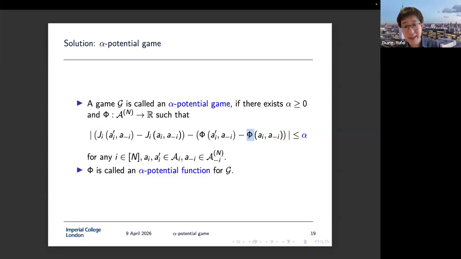In this case, you can choose alpha to be the maximum over the unilateral deviation of the cost function. Of course, this is not a very clever choice of alpha potential function, but at least this framework allows you to include most dynamic games.